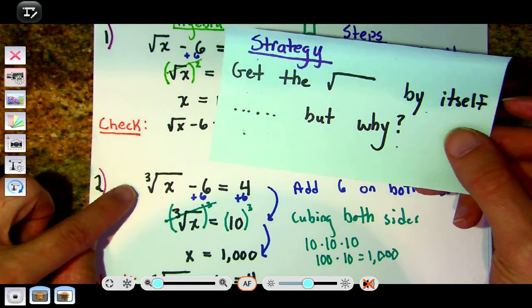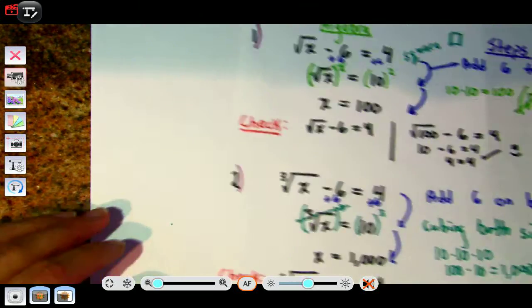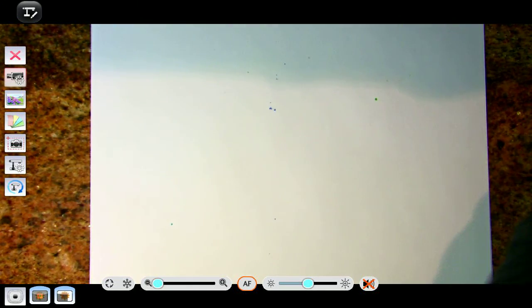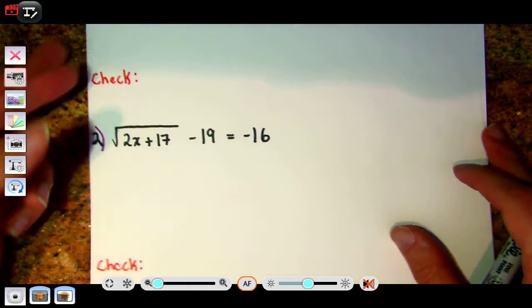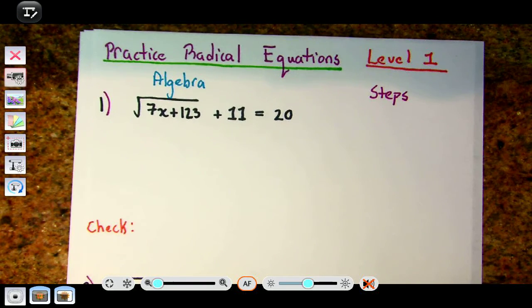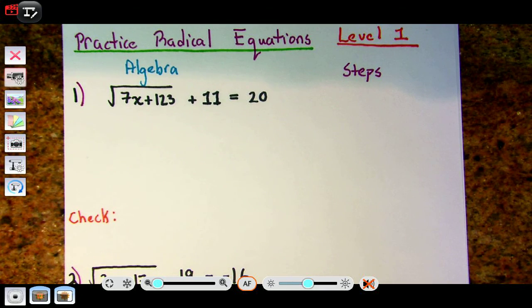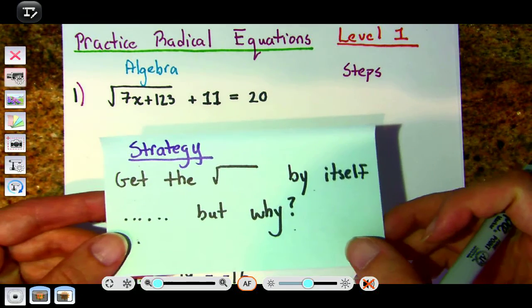Okay. Here, let's try and have some fun and let's solve these equations. What I'd like you to do is, let's try this one together. Strategy is, get the square root symbol by itself.